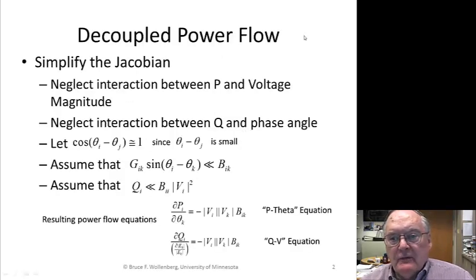We're going to talk first of all about another power flow formulation called the decoupled power flow. What the decoupled power flow does basically is decouple or separate the P theta relationship from the QV.